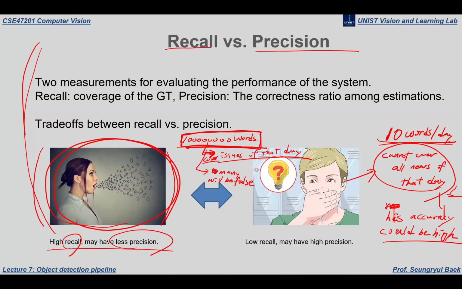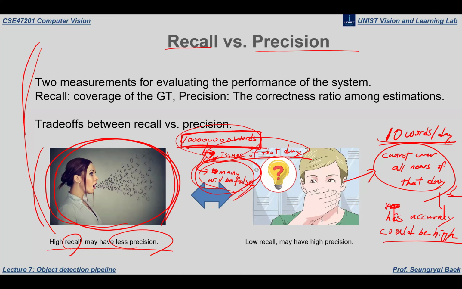There would be a high probability to capture all the objects inside an image, but many of them will be false. Okay, so this is more about precision.